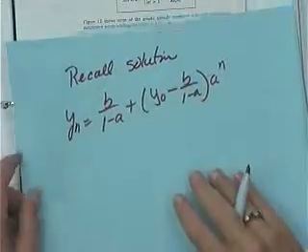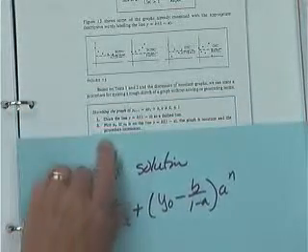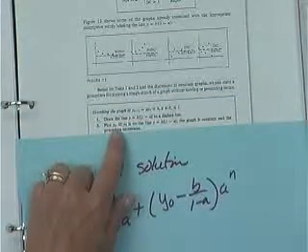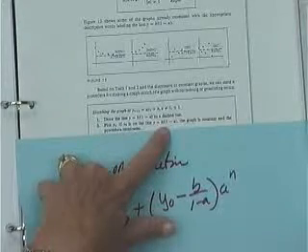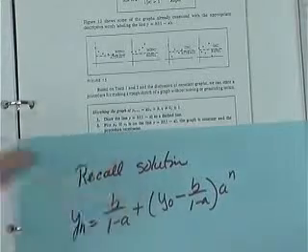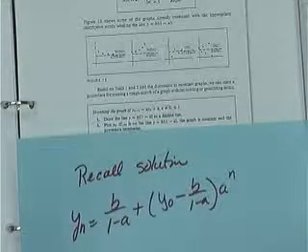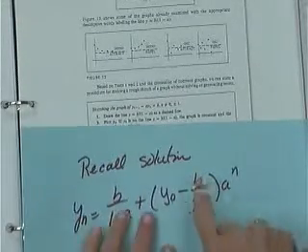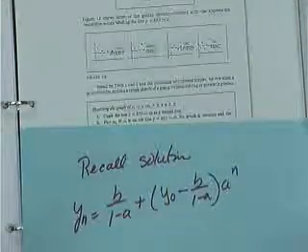A constant graph. All right, now look at your little cookbook. Plot y sub 0. If y sub 0 is on that line, the graph is constant, and the procedure terminates. You go, yay, finished. Don't have to go through the rest of them. All right, so that's why we're always going to start with that b over 1 minus a, rule 1.